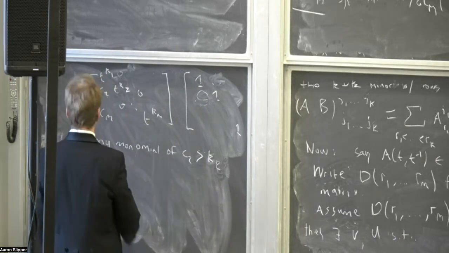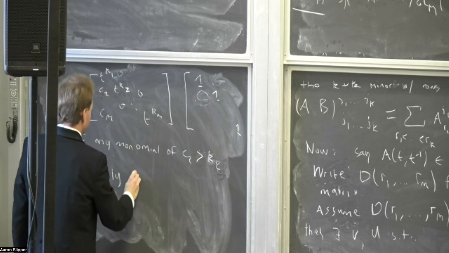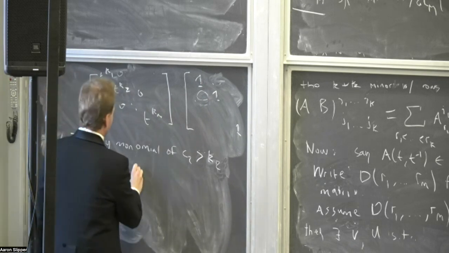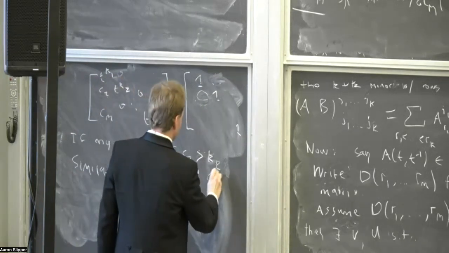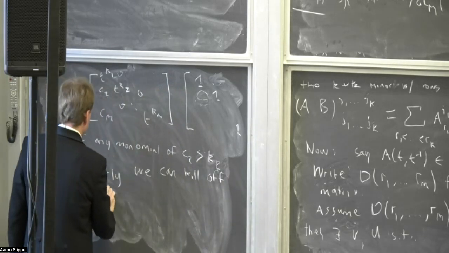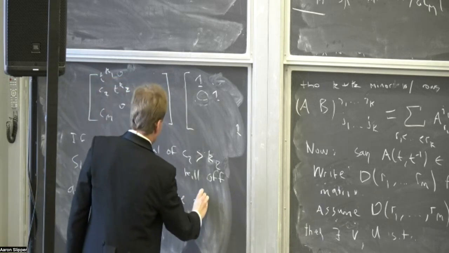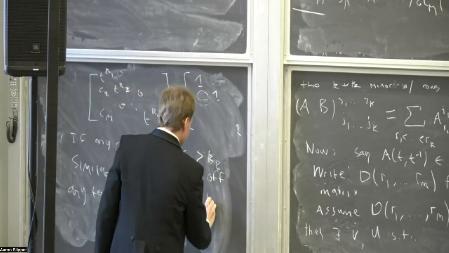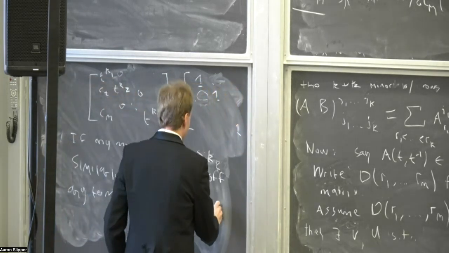Similarly, on the left, we can kill off any term with degree less than K1, less than K2.